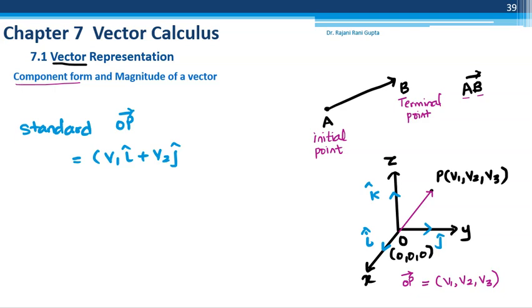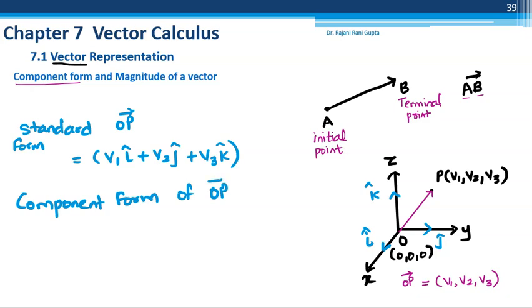Similarly, V3 is the component along the z-axis, so we write V3 k. This is the standard form of writing a vector. In the component form of the same vector OP, we write the same vector but without i, j, and k. So it will be V1, V2, and V3.